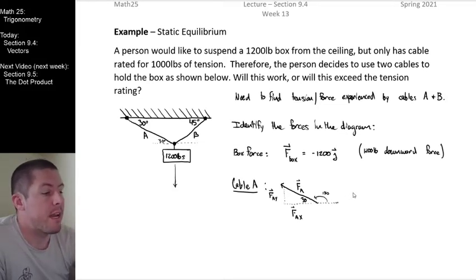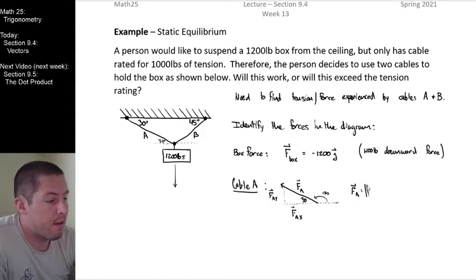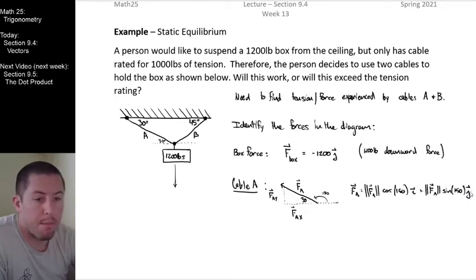So it seems like we can decompose our A force, which we don't know what it is, to be the magnitude of the A force times the cosine of 150, that's our i component, plus the magnitude of the A cable force times sine of 150, and that's our j component of that force right there.